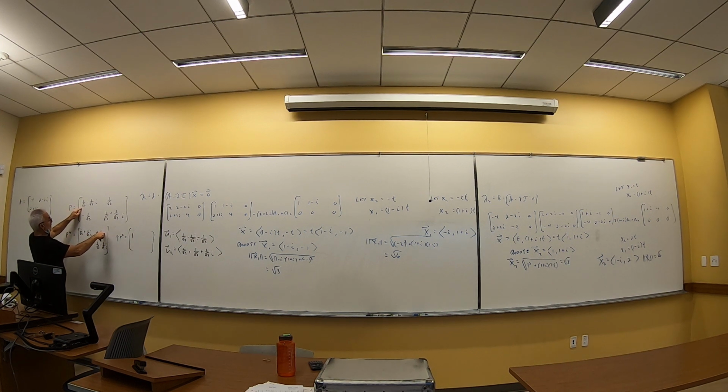I'm going to have negative a third plus a third i. I'm sorry. Negative 1/3 plus 1/3 i. Plus a third minus 1/3 i. Does that equal 0? Yeah. That's a good thing.